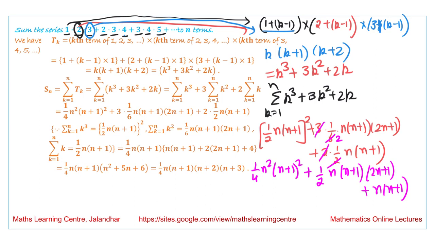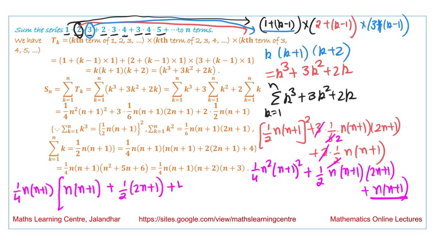Now if we take 1 by 4 n into (n plus 1) common, we are left with n into (n plus 1). The next term is 1 by 2 into (2n plus 1), and next from this term we are left with plus 4. This is not 1 by 2, this is 2 over here.